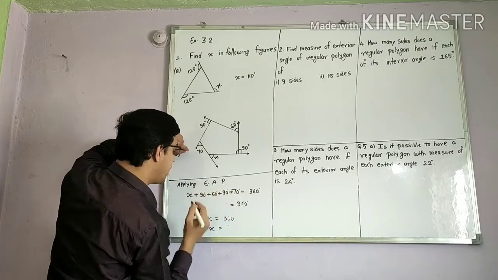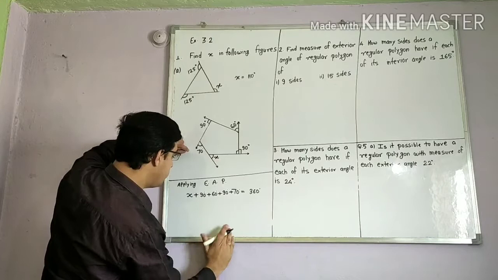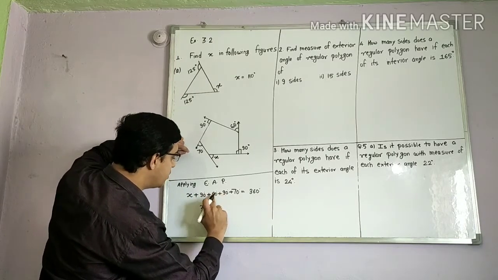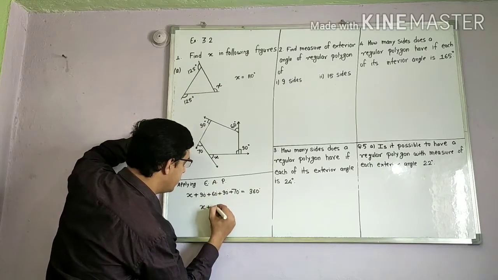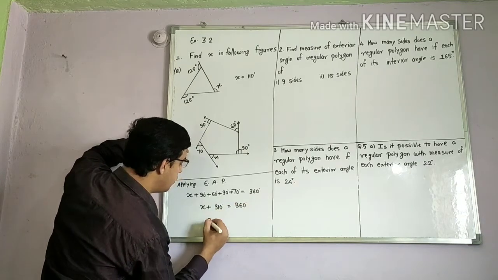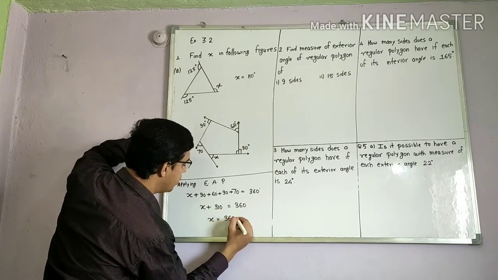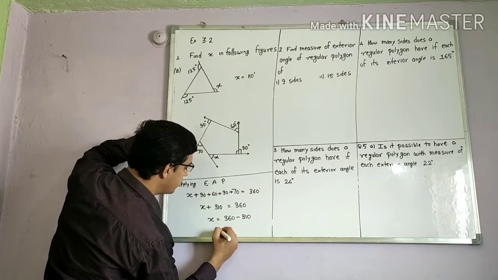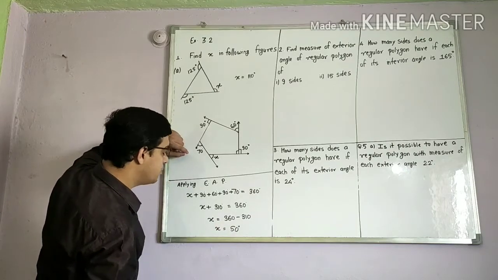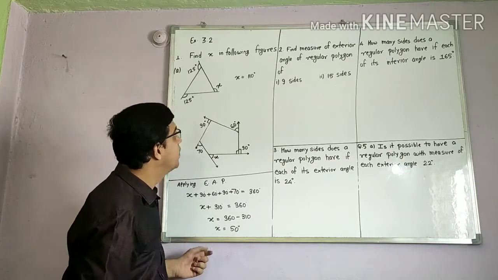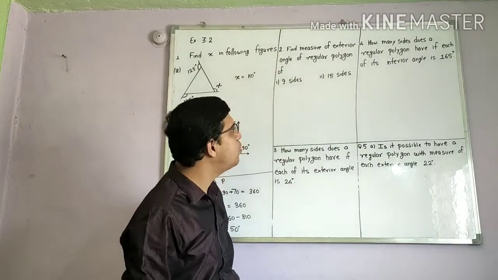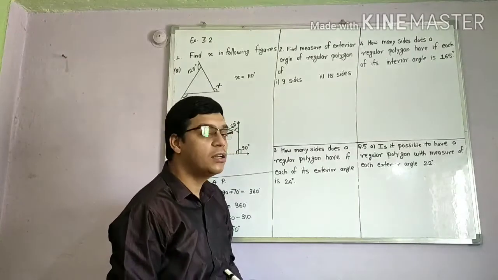All these are exterior angles. So when I add them, I will get x plus 9 plus 9, 18 plus 6, 24 and 7, 310 degree is equal to 360 degree. So value of x will be 360 minus 310, that is 50 degree. This is our answer.